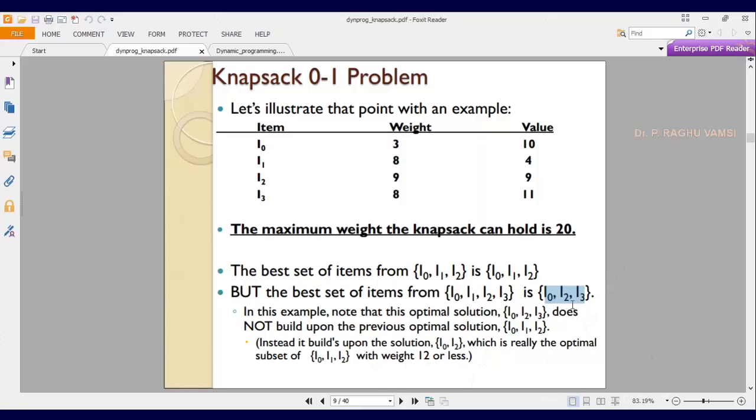Because we considered I0, I1 and I2 previously, we removed I1 and took I3, thereby considering I0, I2, I3, and with this we identified that the value we got is 25. In the previous case the value was 23.